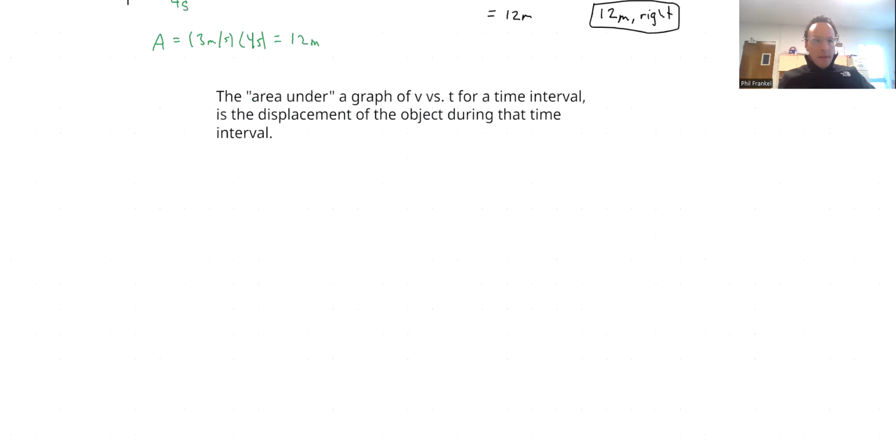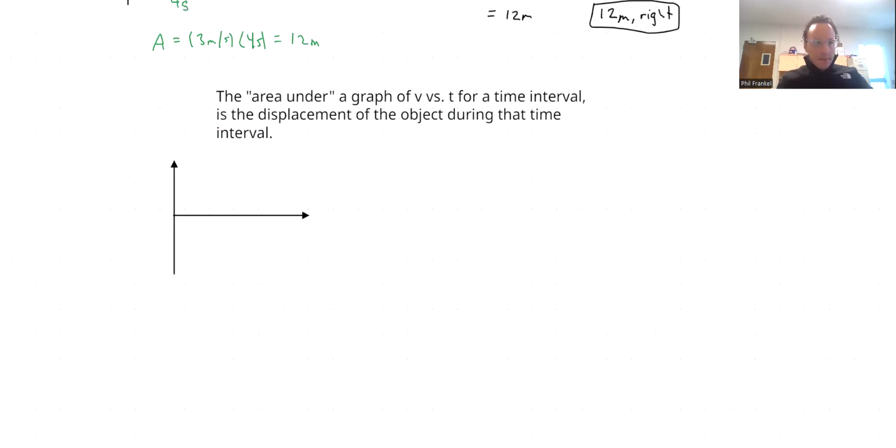So even if the velocity value were negative, it would still be true that the area under the velocity versus time graph represents the displacement of the object during a time interval.